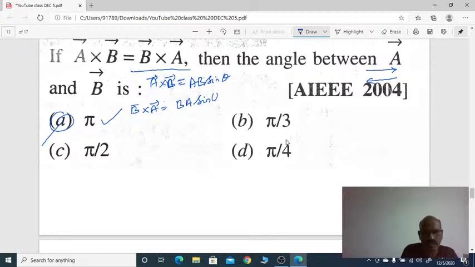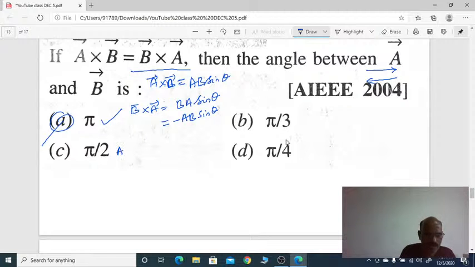We know that the cross product A cross B equals AB sin theta, and B cross A equals BA sin theta. This BA sin theta I can write as minus AB sin theta.